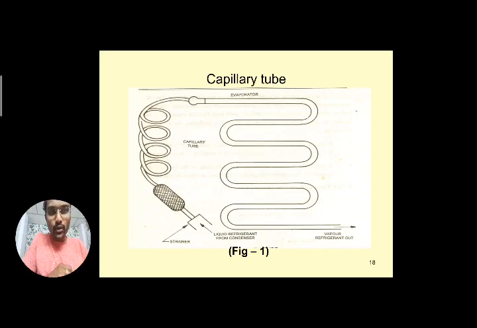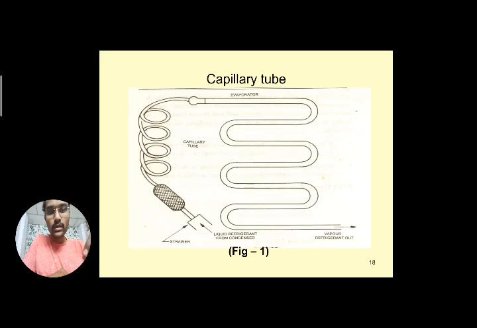If you don't place the strainer or dryer before the capillary tube, then due to its very small diameter, any foreign particles entering may get stuck or completely choke the capillary tube, and it will affect the functioning of the whole refrigeration system.